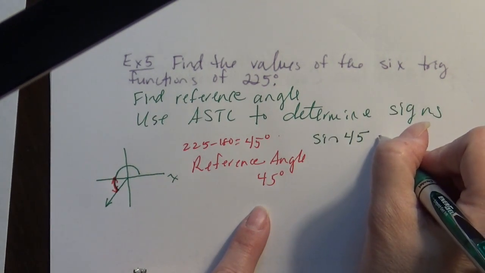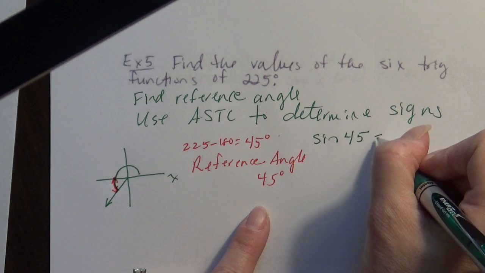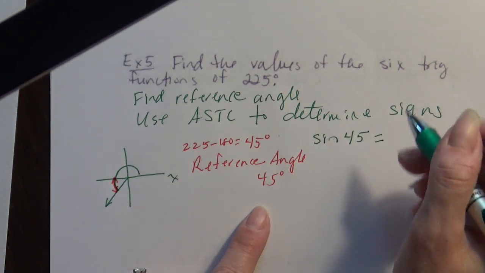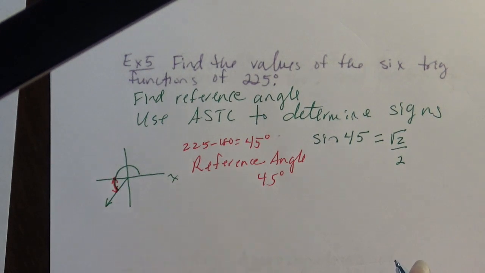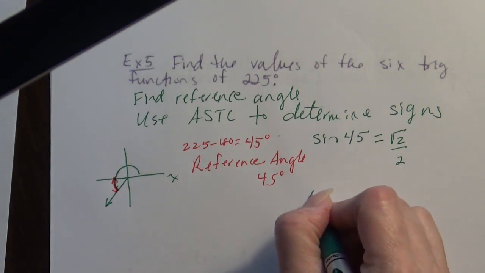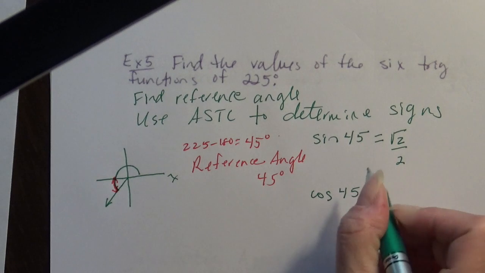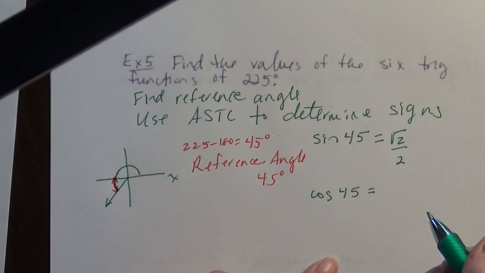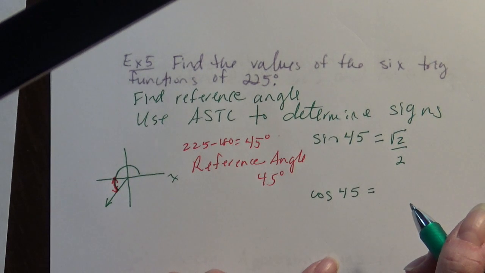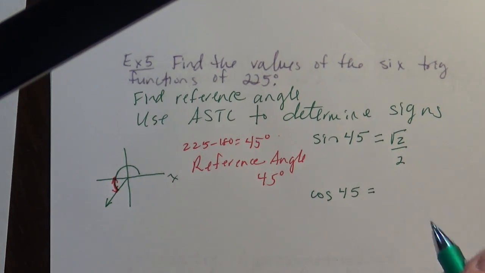What is sine of 45? That one's going to be square root 2 over 2. What is cosine of 45? In order to get this, you can be looking at your unit circle, or you can be looking at the table that we did together earlier in our notes in this section.